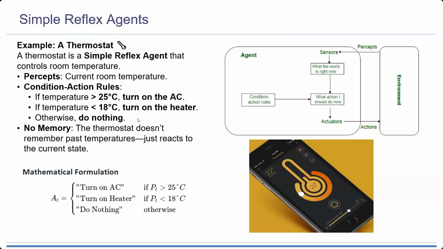That's the very easy understanding of the simple reflex agent. In applications, you can see, if it reaches some temperature, it will turn on the aircon. If the aircon has made it cold enough, then let's stop it, and you can turn on the heater or turn off the aircon.